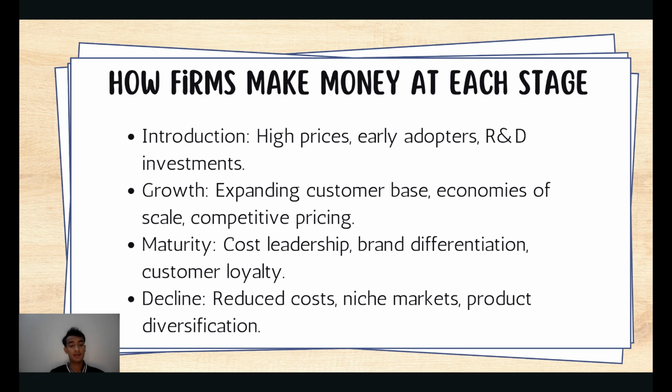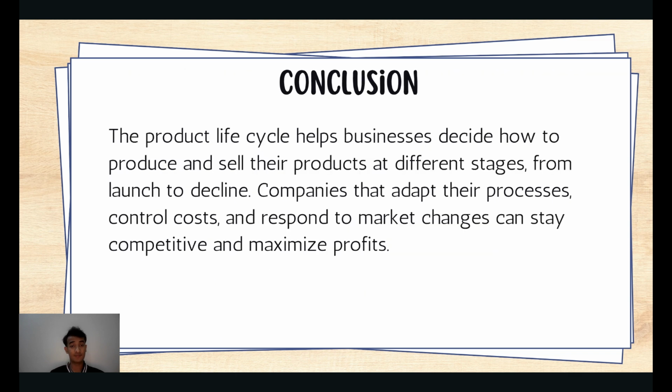In maturity, the period where our company or industry makes its top sales and gets its best revenue. And in the decline period, cost is reduced and the market becomes very niche, and we will need to deal with a lot of competition.